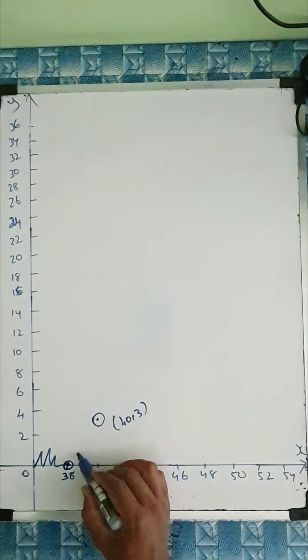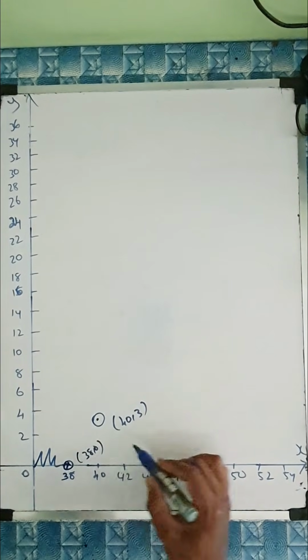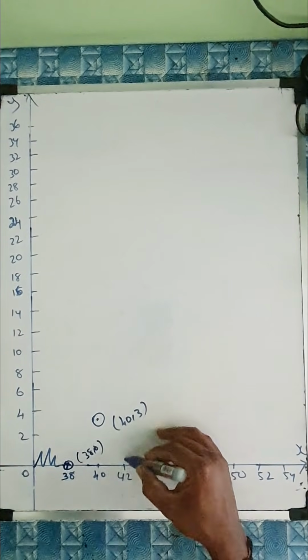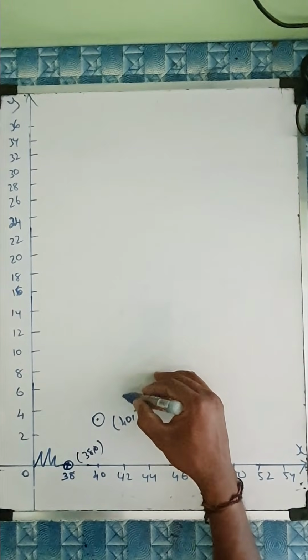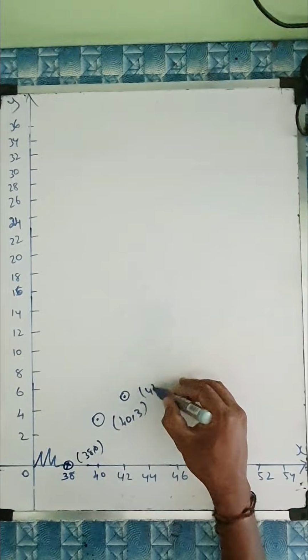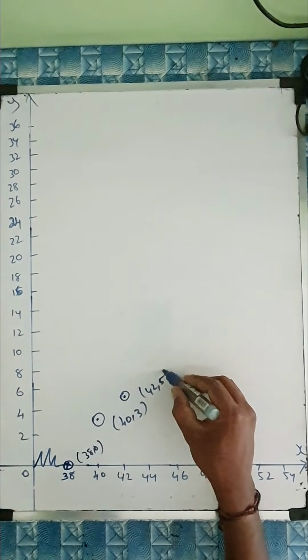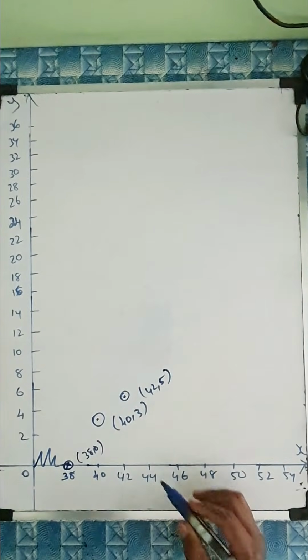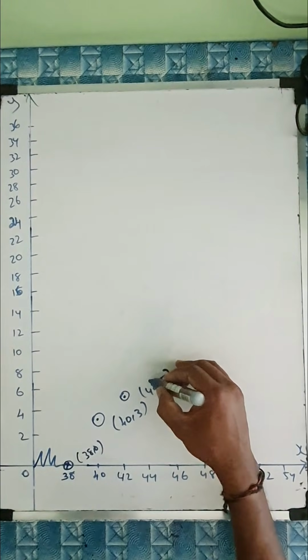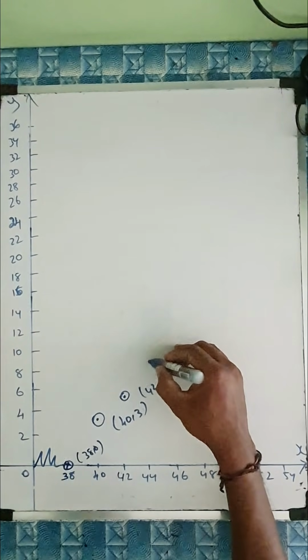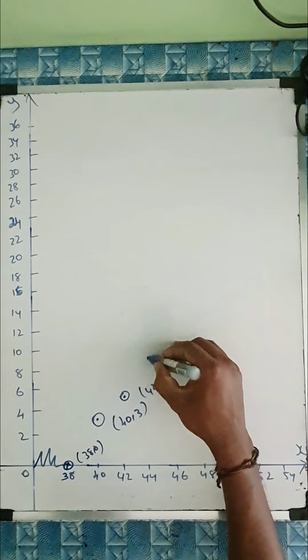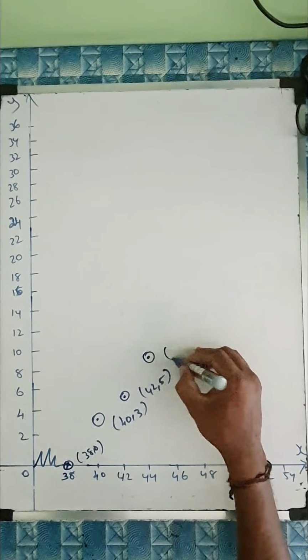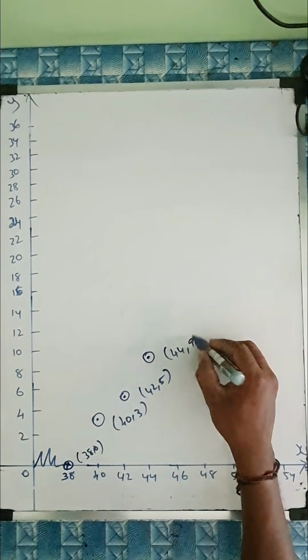Next, 42 is 5, which is between 4 and 6, so mark it there, 42 and 5. Again next, 44 is 9, which is between 8 and 10, so mark it, that is 44 and 9.